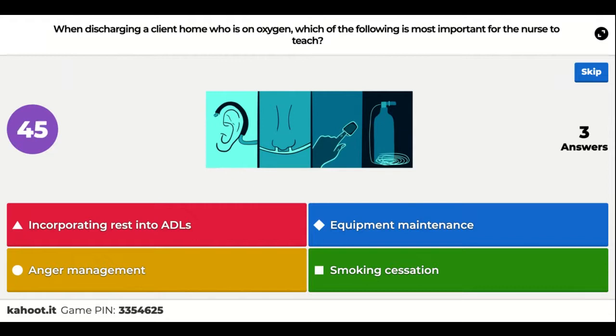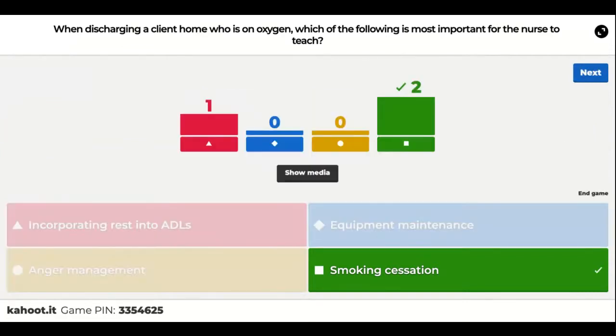This one's taking forever, isn't it? Well, I'll let you know that is the correct answer. This is taking longer than I anticipated. So we'll skip that one. Smoking cessation. Okay. Can you guys see that? Because I'm on the other screen. Perfect.